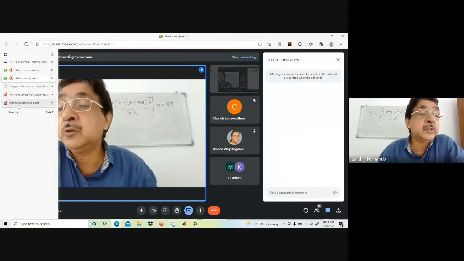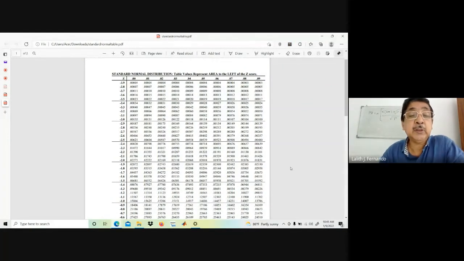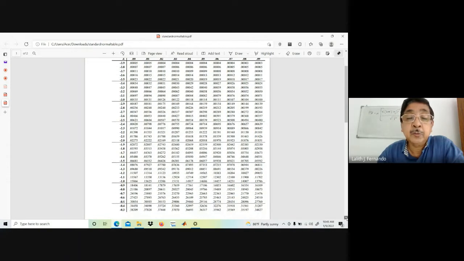Now, when you go to the standard normal curve table, we want to see the inverse normal value for 0.15. Just look at the table.